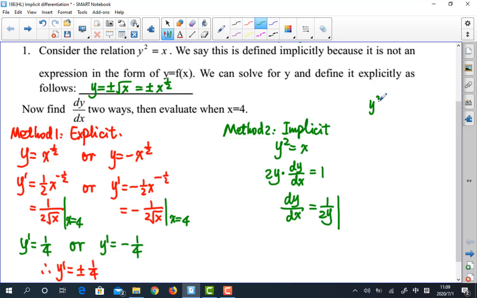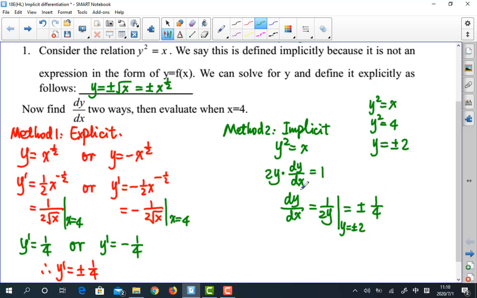Since y squared equals x, so y squared equals 4. Y equals. So when you solve for y, you really need to realize y can be positive, negative square root of 4, positive, negative 2. So y can be positive, negative 2. Plug in. Don't you think it will produce positive, negative 1/4?